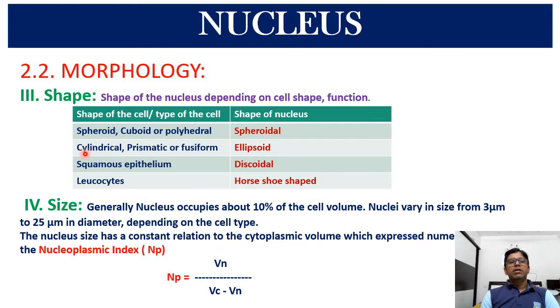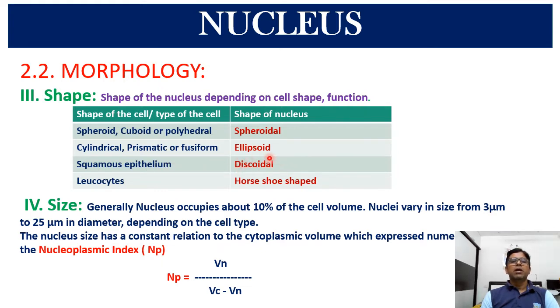Coming to the second one, cylindrical cells, prismatic cells, and fusiform cells possess an ellipsoidal shaped nucleus. Next, squamous epithelial cells possess discoidal nuclei.